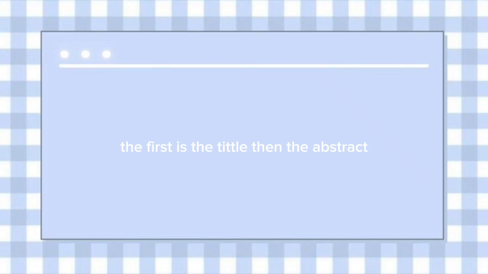The first is the title, then the abstract, the introduction, the literature review, methods, results and discussion, and finally the conclusion. The first is the introduction. The next is the structure of the introduction.